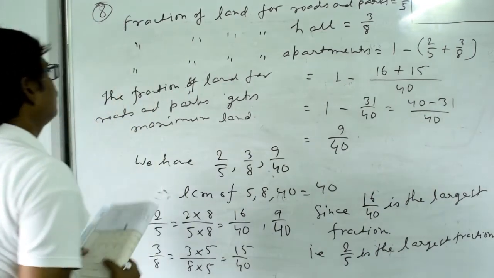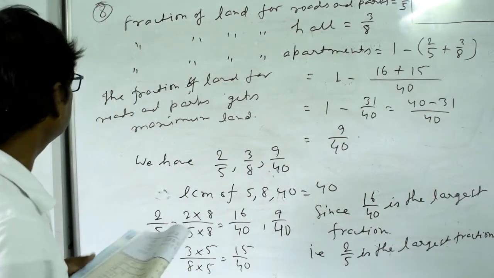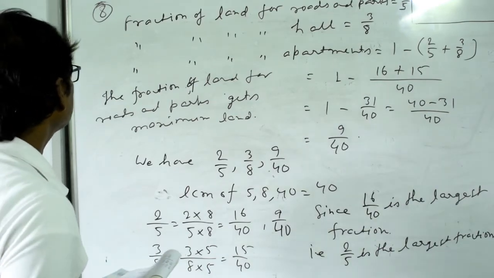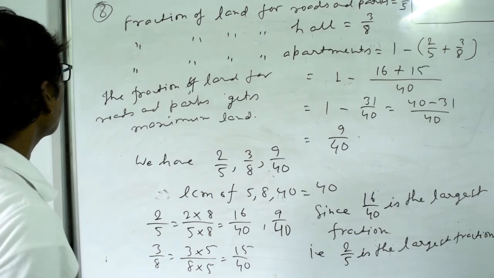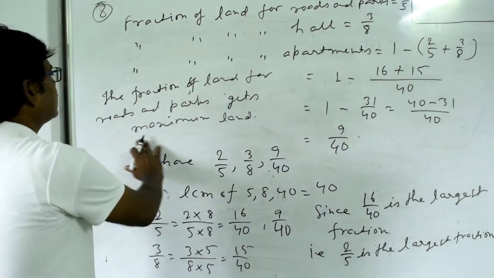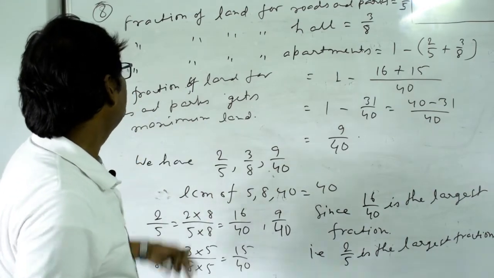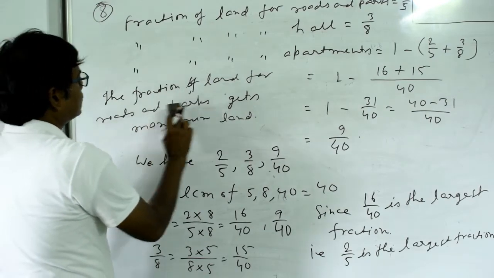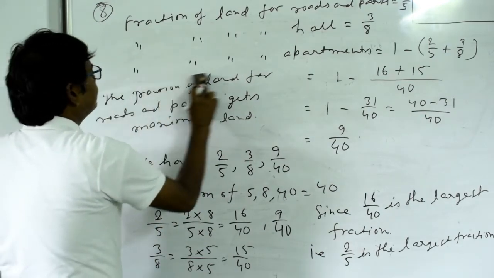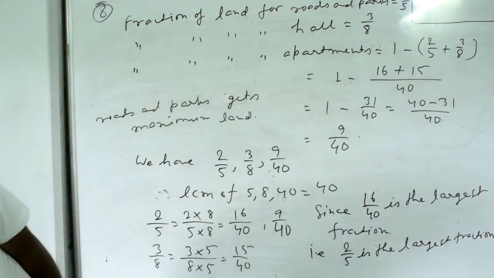The question is which of these gets the maximum portion of land, so this is the answer, the maximum land. Roads and parks get the maximum land. That is the answer only. Write only here that roads and parks get the maximum land.